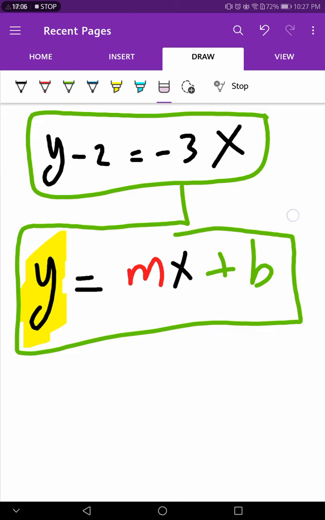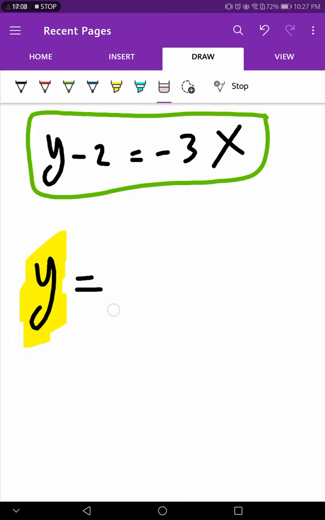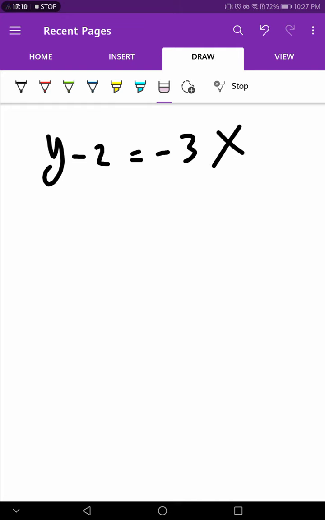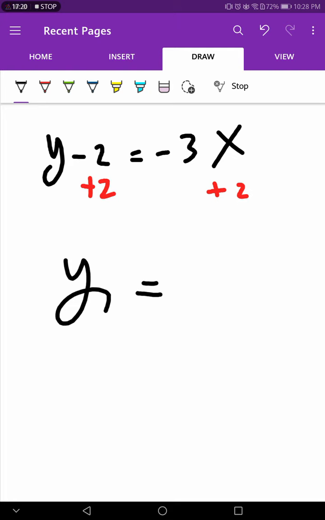Okay, let us go and try to make the y alone and happy. So in an easy way, +2 +2, so the y is coming alone and happy, and here we have -3x plus 2.